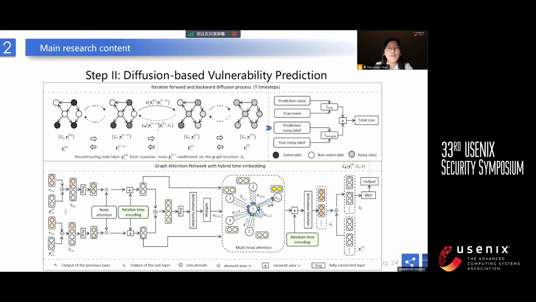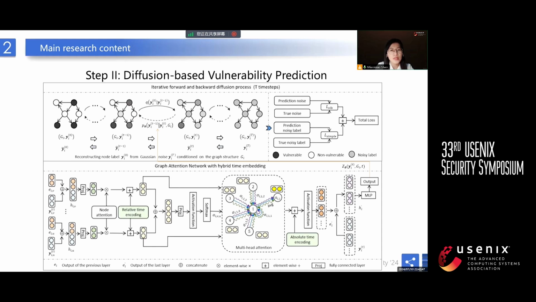As shown in this figure, the training process of FVD-DPM comprises two sub-processes, forward diffusion and reverse diffusion. Forward diffusion gradually injects Gaussian noise into the node labels until converging to the standard Gaussian distribution.